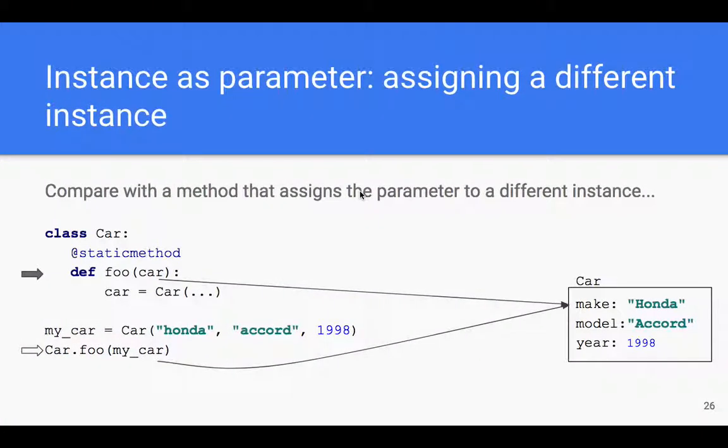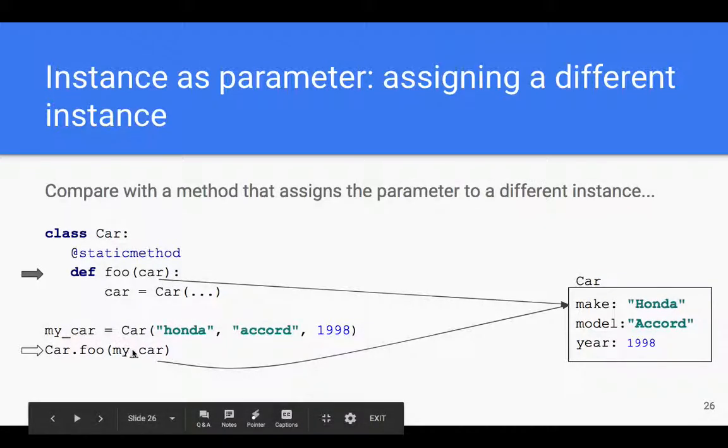So if you need a picture of that, at the time that we call full car with my car, both my car and the car parameter are pointing to the same instance.